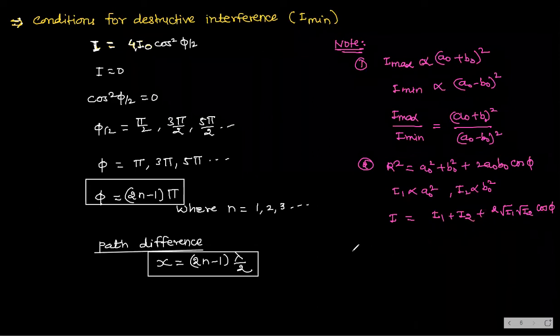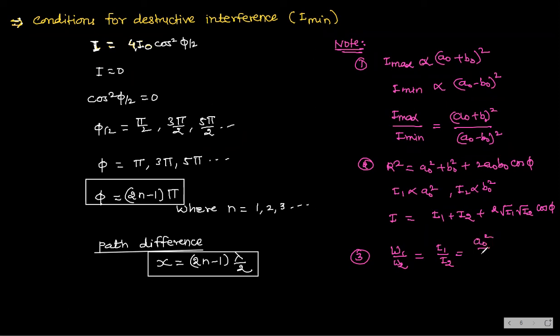So same one. And third node point, that is W1 by W2 is equal to I1 by I2, which is equal to A naught square by B naught square, where W1 and W2 are slit widths.